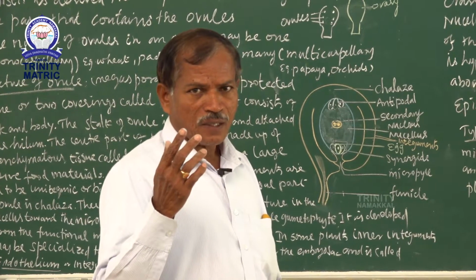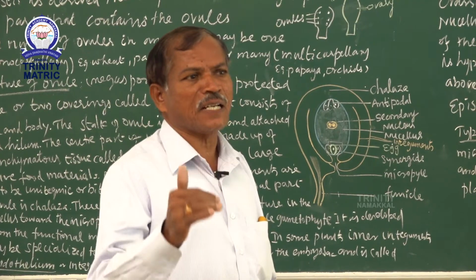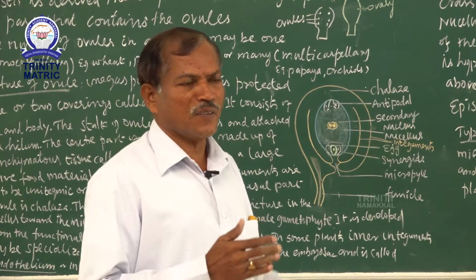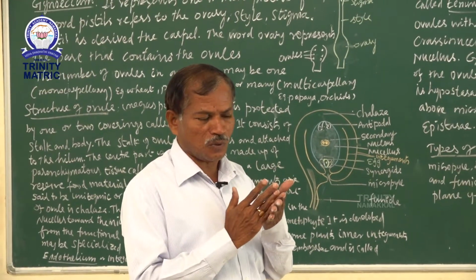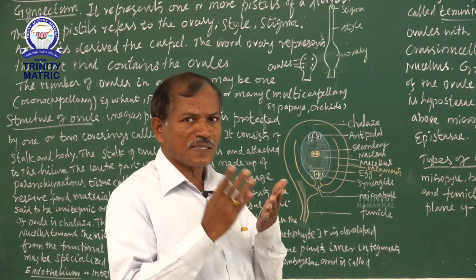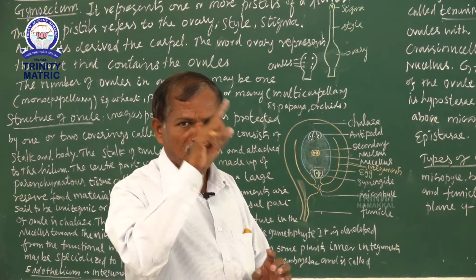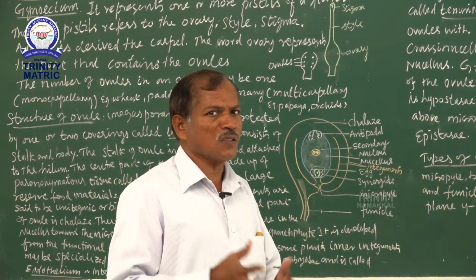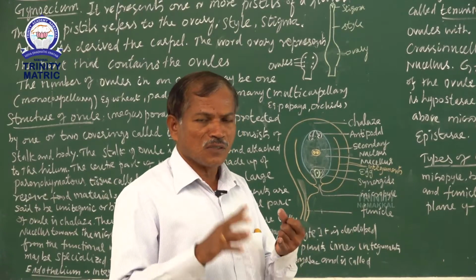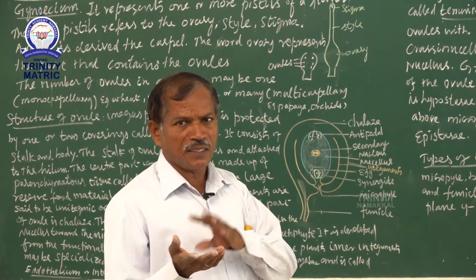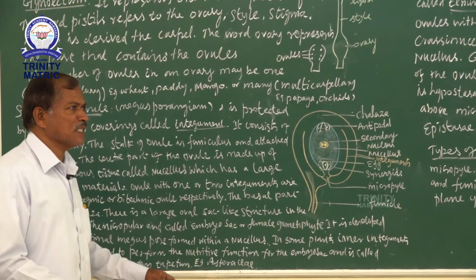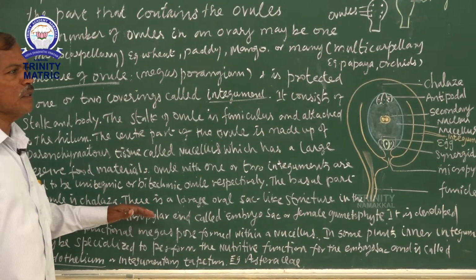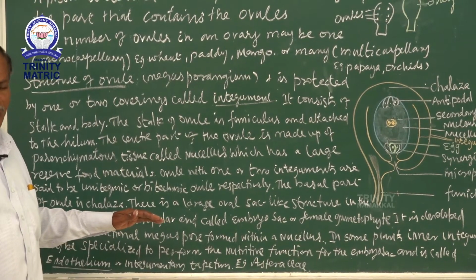In the TS of the anther in the male microsporangium, the second layer is called the endothecium, a single layer of large parenchymatous cells. Sometimes a 3-mark question is asked: differentiate between the endothecium and the endothelium. Endothecium means the second covering of the anther.